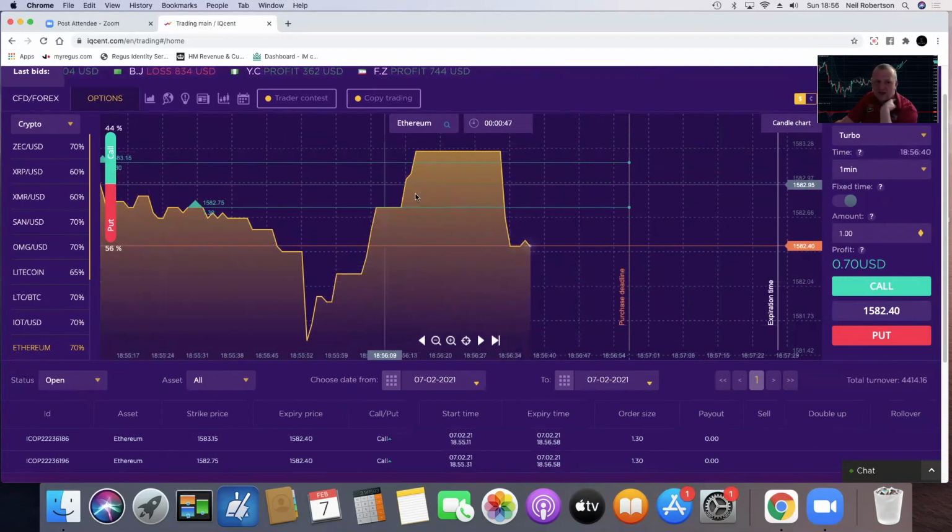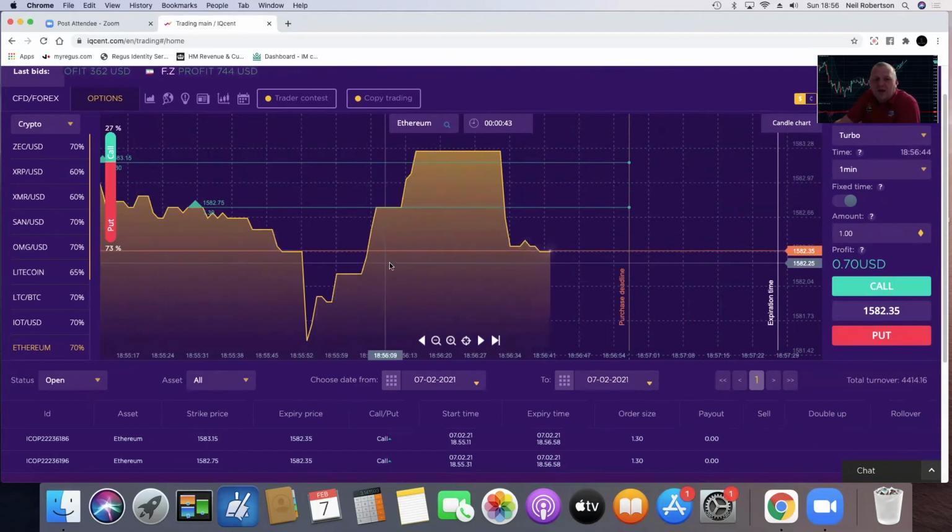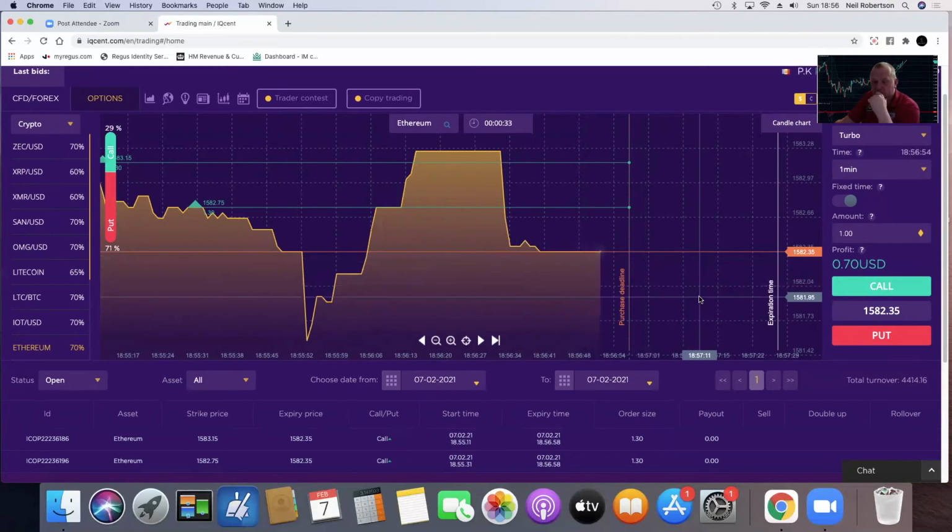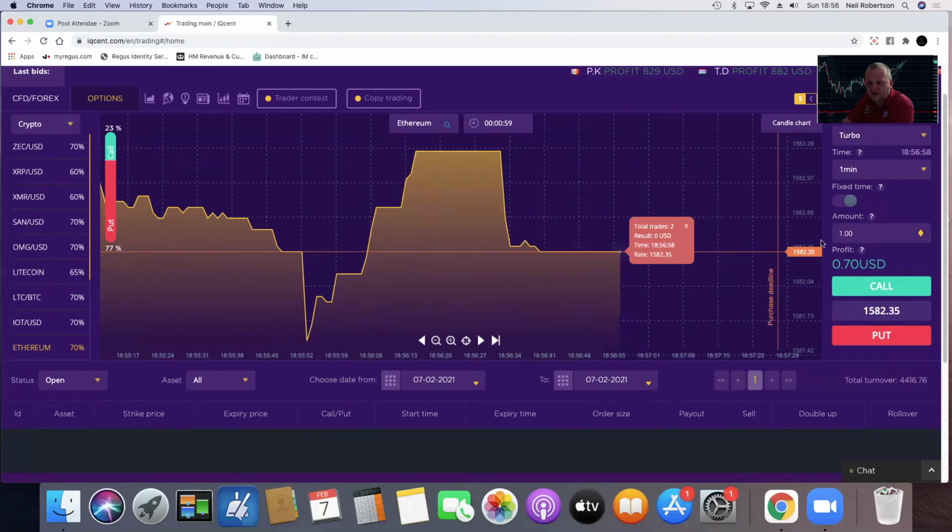Because we're trading for this to go up, if it is below these lines, then you do lose the trade. And we've lost them, which is absolutely fine. So it shows here your result is zero, you've got nothing to come back, and there were 2 trades there.